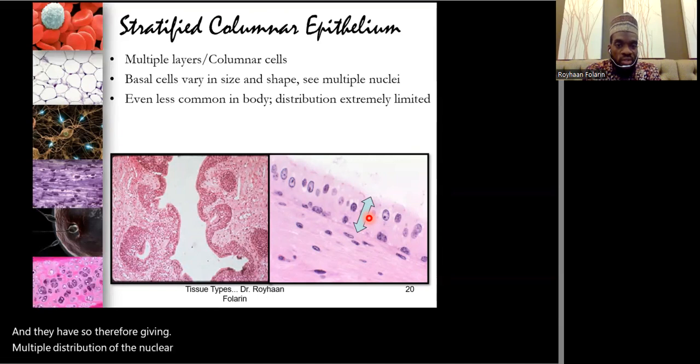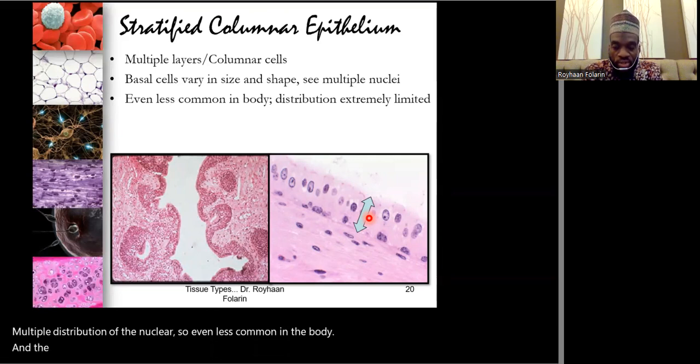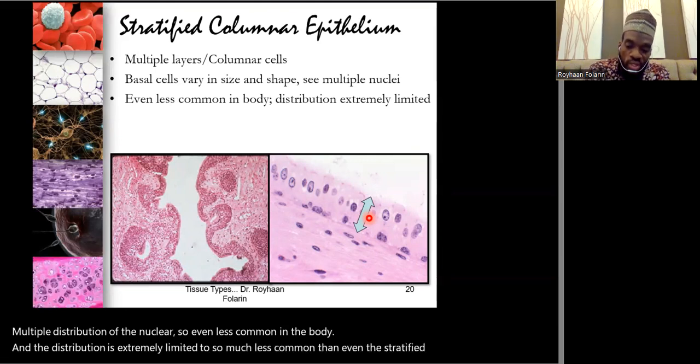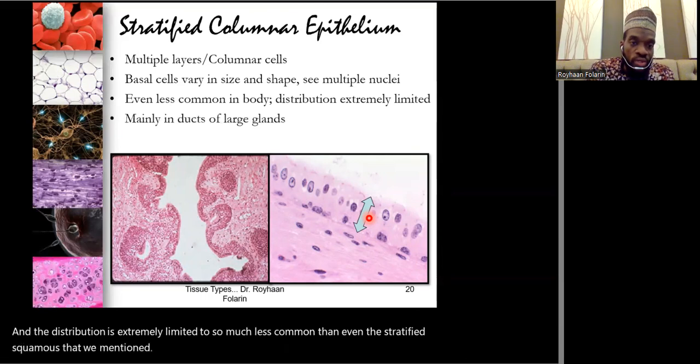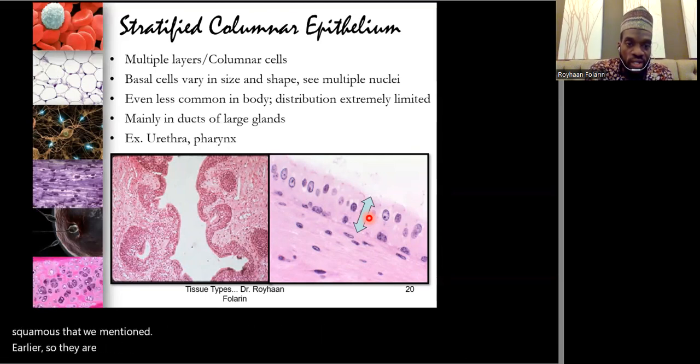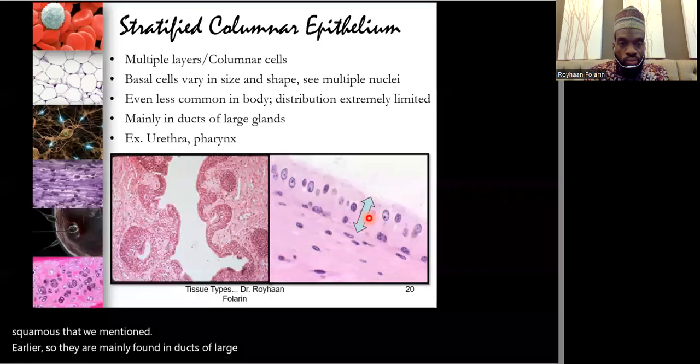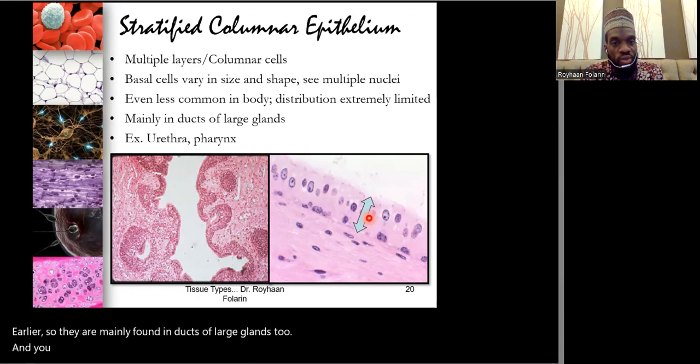It's even less common in the body, and the distribution is extremely limited, much less common than even the stratified squamous that we mentioned earlier. So they are mainly found in ducts of large glands too, and you find them in the urethra and in the pharynx.